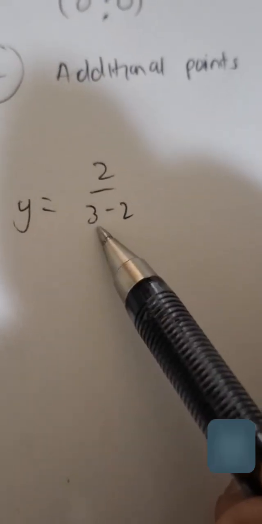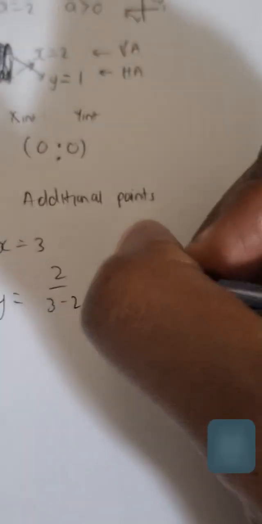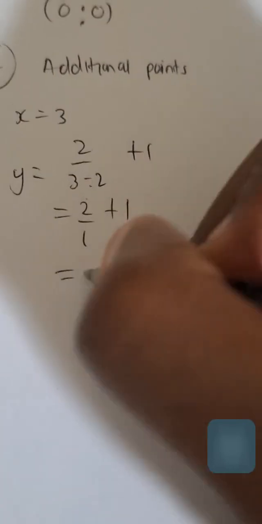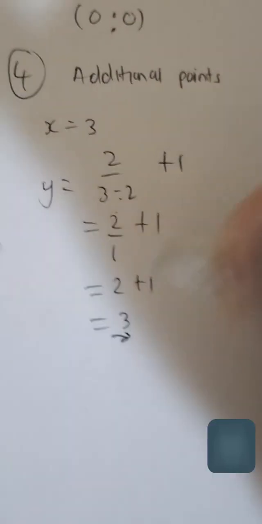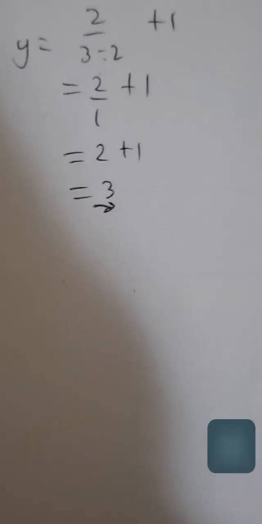So I choose an x value. When x is equal to 3, for that function, I have 2. What's 3 minus 2? It's 1. What's 2 divided by 1? It's 2. Plus 1 gives me 3. So when x is equal to 3, y is equal to 3.